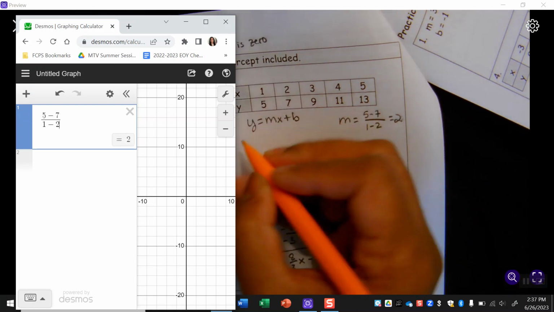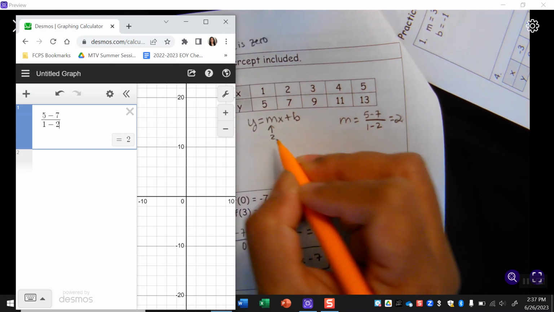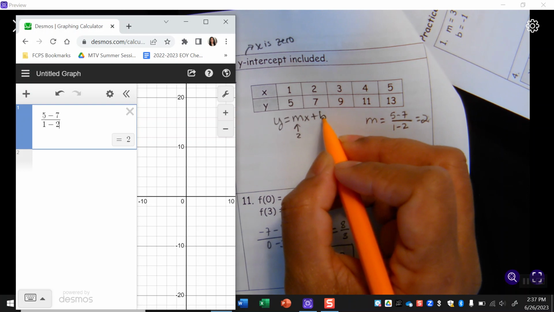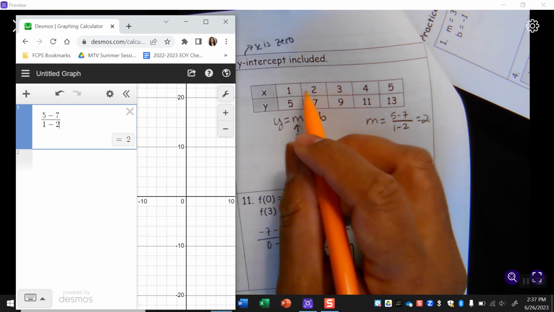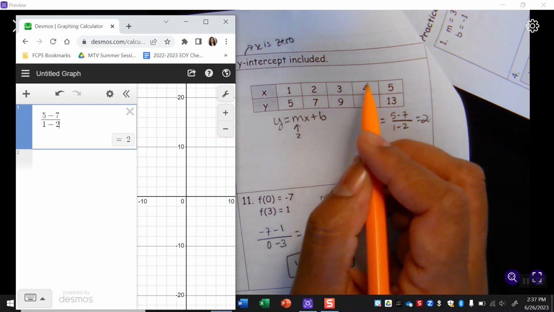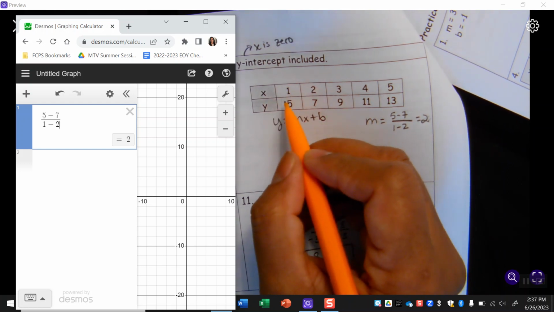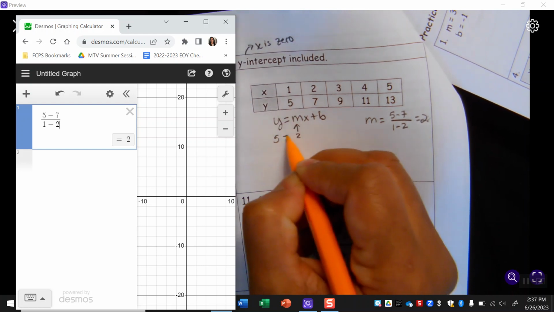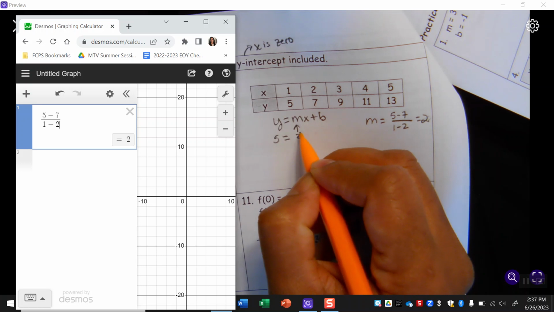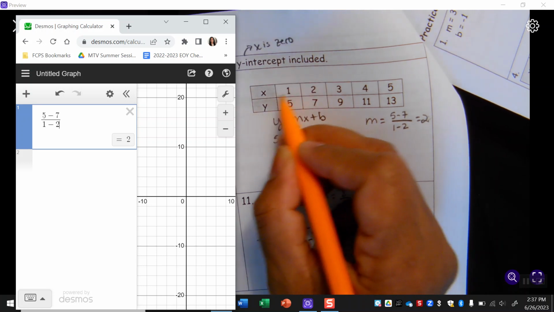There's your slope. So I know that my slope here is 2. I don't know what my y-intercept is, but I do know an x and a y. I can choose any one of these pairs to plug in here and then solve for b. I'll just choose the first one. So y is equal to 5. Slope is equal to 2 times x, which is 1.